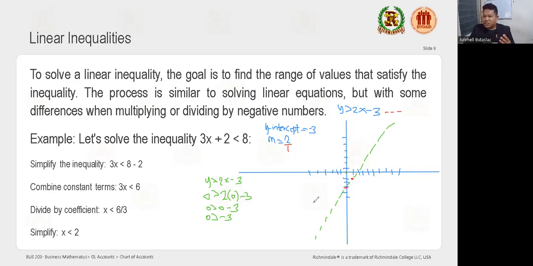Since this is true, then we use the 0, 0 point. Automatically, the shaded region must be in this area. Oh, sorry.